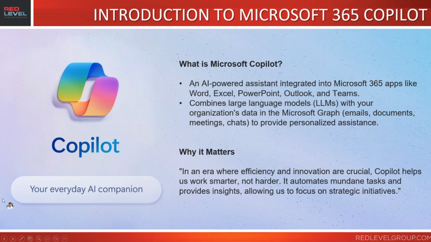All right. To begin with, let's understand what exactly Microsoft 365 Copilot is. Microsoft 365 Copilot is an AI-powered assistant that integrates into Microsoft 365 apps like Microsoft Word, Excel, PowerPoint, Outlook, and Teams.